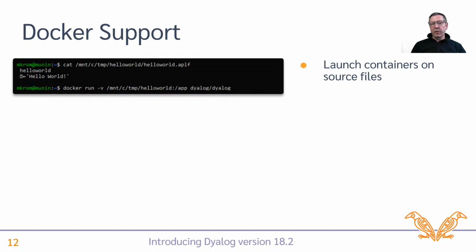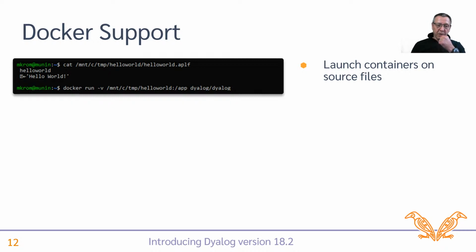First of all, you no longer need to attach an interactive terminal as you had to do in earlier versions of Dyalog APL. Version 18.2 is happy to run completely headless, which simplifies the starting and the operation of containers. And you can also launch these containers directly on source files.